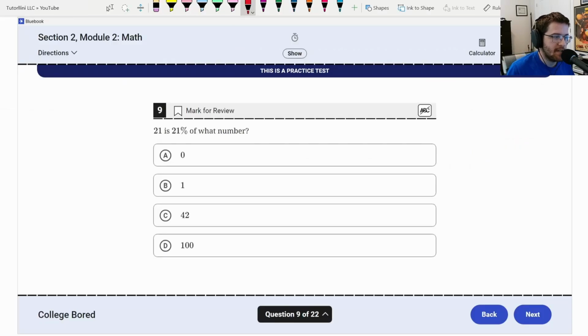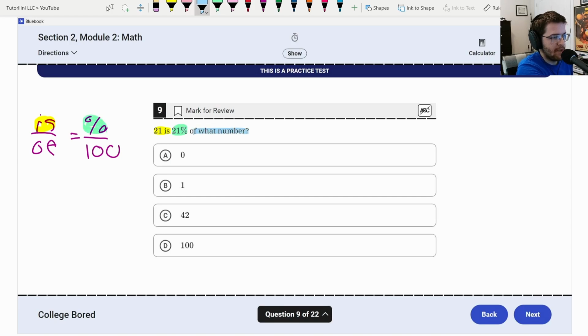Okay, question 9. So there's kind of two ways to do this one. I'll do both. So you learn in like 6th or 7th grade to do is over of equals percent over 100 for these literal percent questions. So 21 is, so that goes here. 21%, that's the percent that goes here.